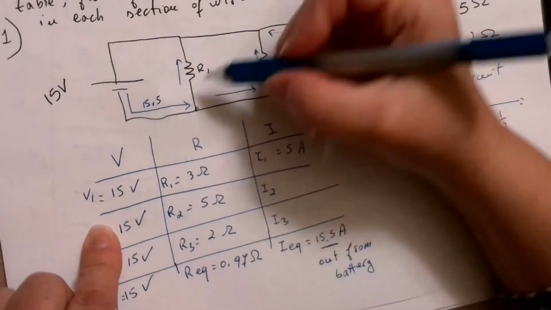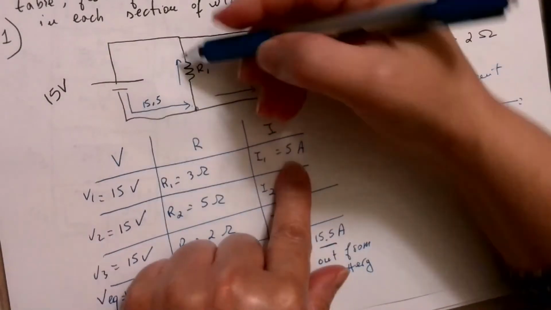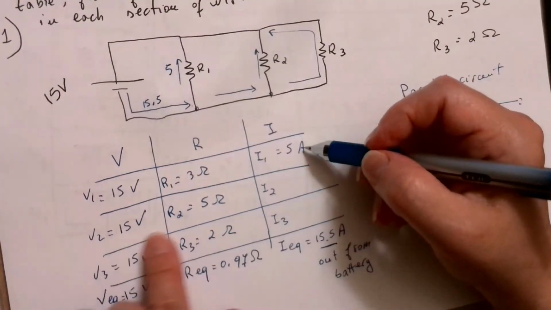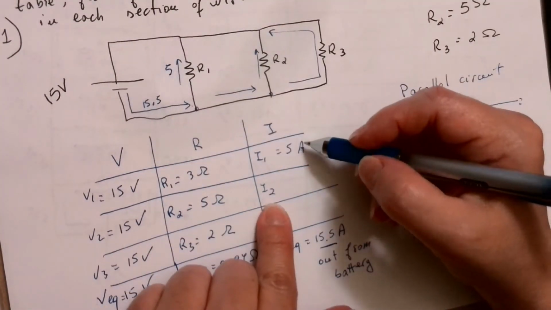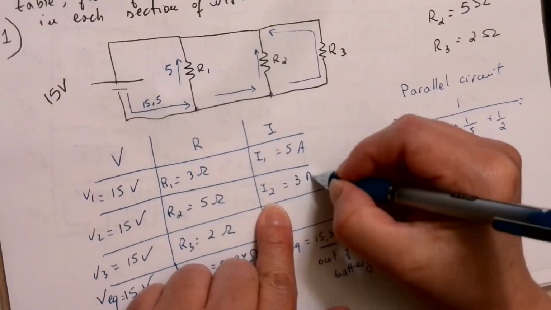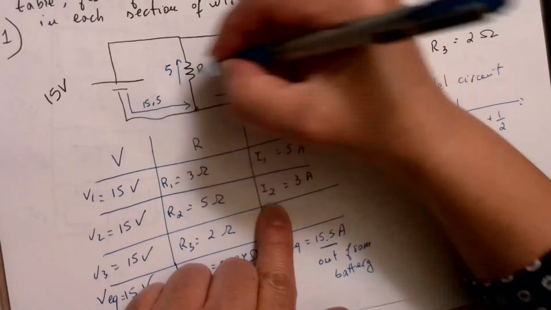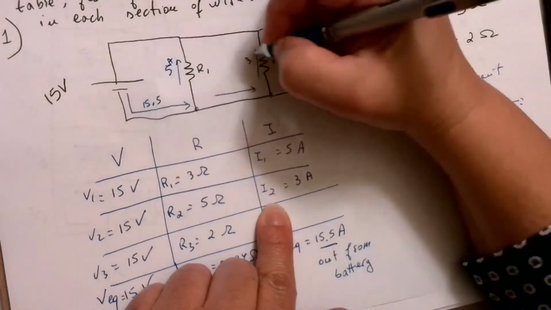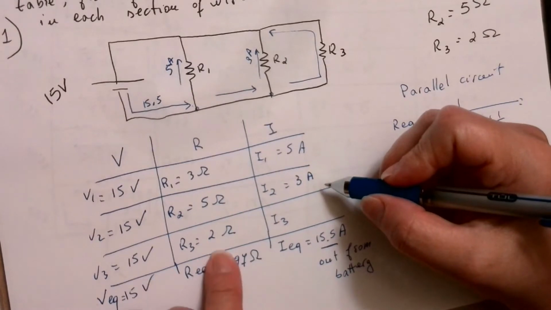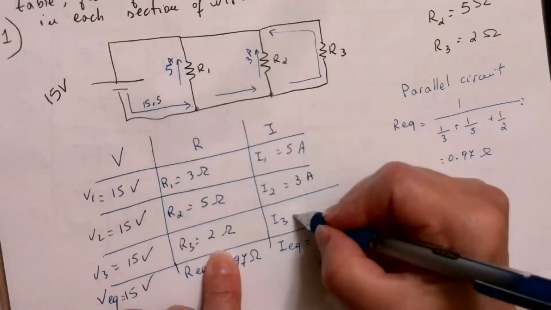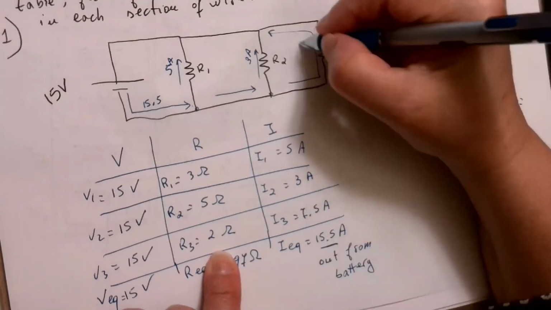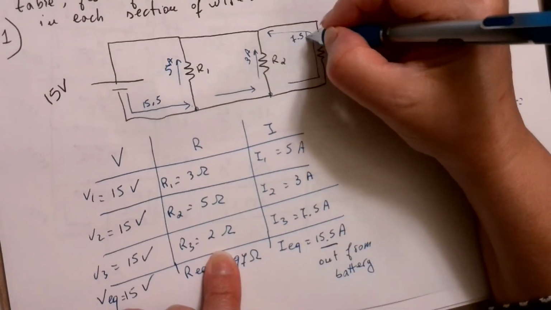Then across R1 I have 5 amps. Across R2, I have 15 divided by 5, which is 3 amps. And across R3, I have 15 divided by 2, which is 7.5 amps.